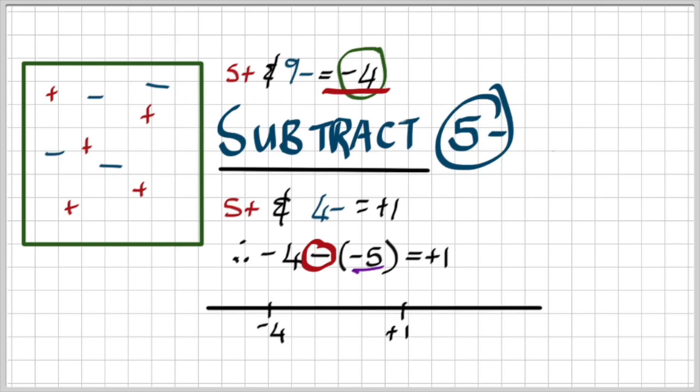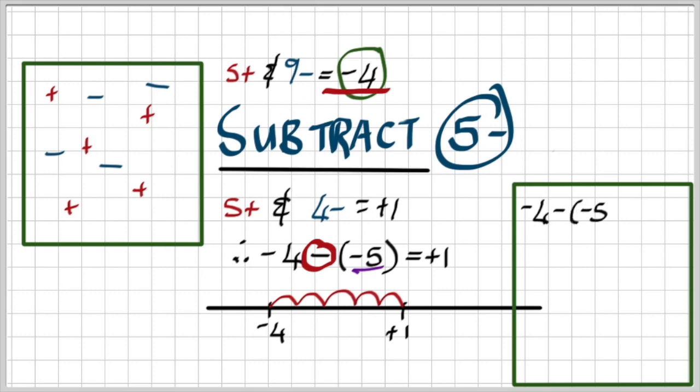Now, let's do a number line. -4 is my starting point. I end up at 1, so it's the same as adding 5 from -4, and I end up with +1. So therefore, I can say that -4 minus -5 is exactly the same as -4 plus 5.